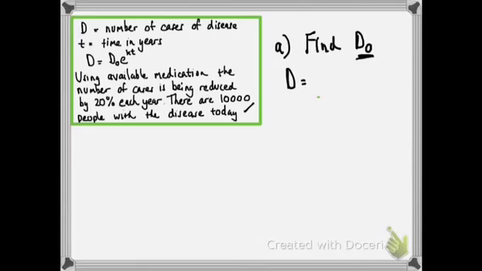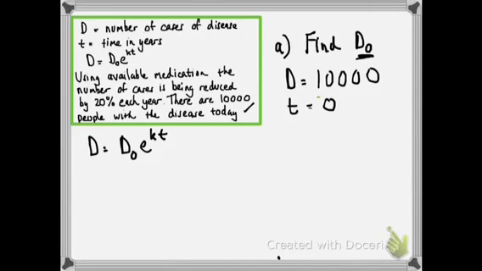If we're putting our values down, the number of people with the disease that we know about is 10,000 and the time is 0. We're trying to find D naught. If we write the equation out again, D equals D naught e to the power of kt. At time 0 there are 10,000 people with the disease, so 10,000 equals D naught e to the k times 0.